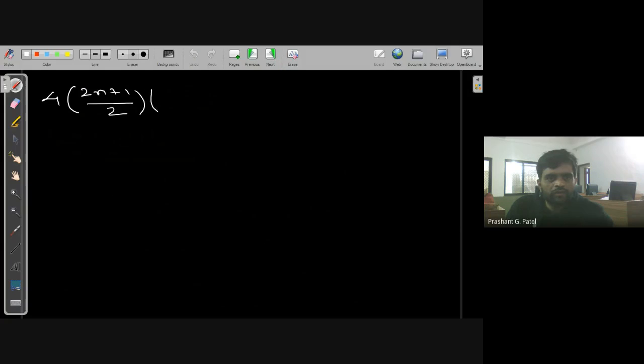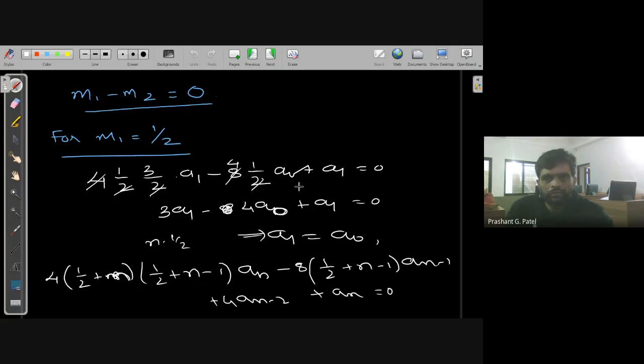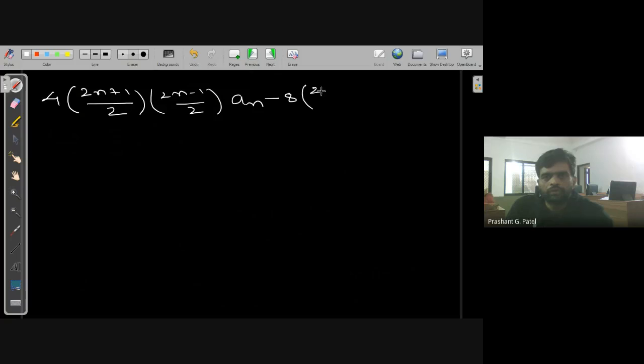So that's why it is 2n minus 1 by 2 an minus 8 into, this is also 2n minus 1 by 2, so it is 2n minus 1 by 2 an minus 1 plus 4 an minus 2 plus an equal to 0. These two terms we have written as they are.